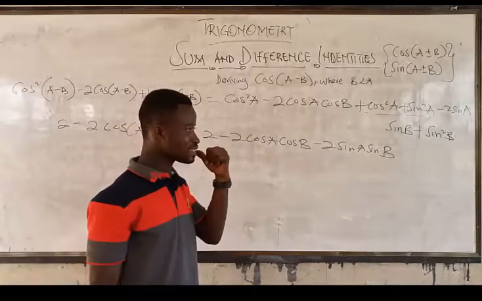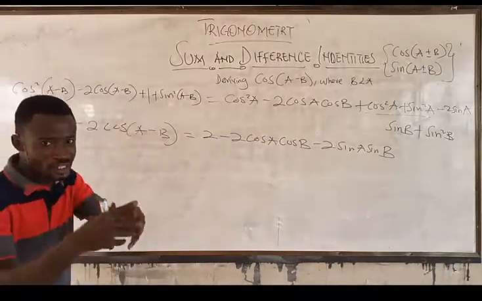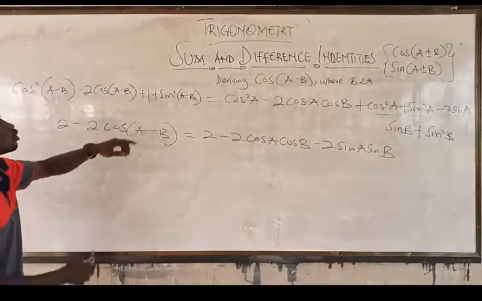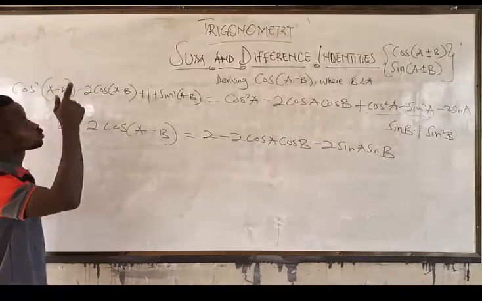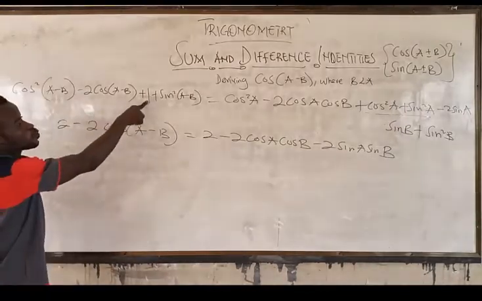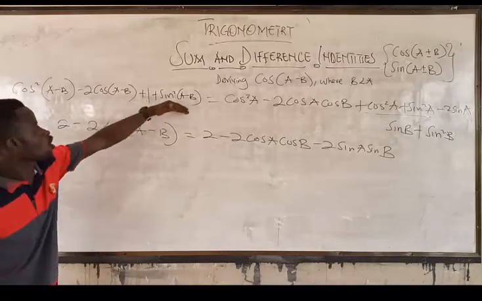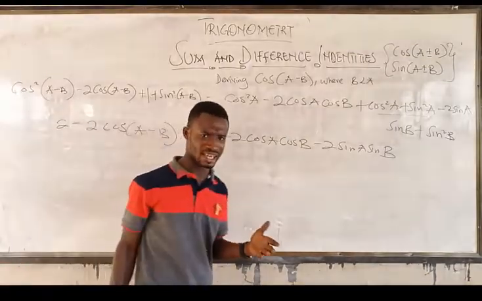So bear in mind here also that this and this two will combine to give you 1. Alright. So you know this and this gives 1. So we are going to get 1 plus this one, that is 2. And this minus is what we have here. So the whole of the left hand side is simplifying to give you this. I hope it's clear.